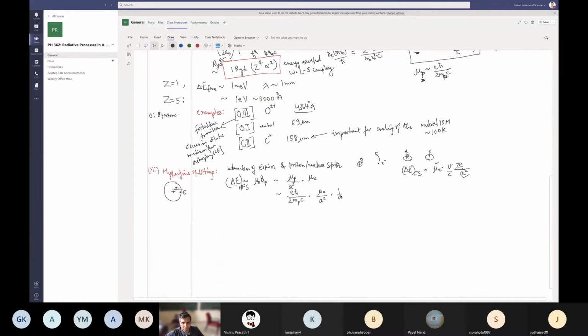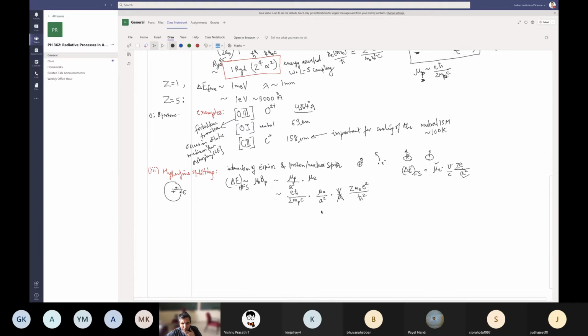So 1 by A is Z m_e e squared by h cross squared.